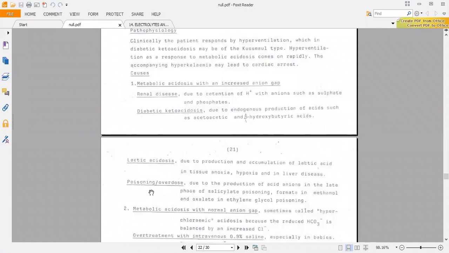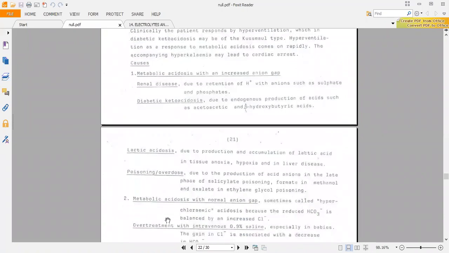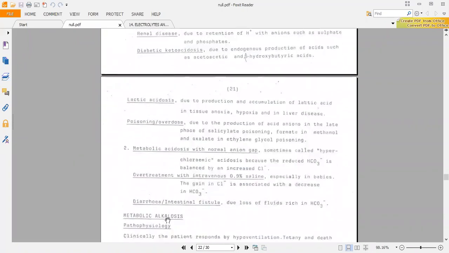Including some drugs. Now, we also have some metabolic acidosis with normal anion gap. This one is seen in what is called hyperchloremia, where the person has high levels of chloride ion.